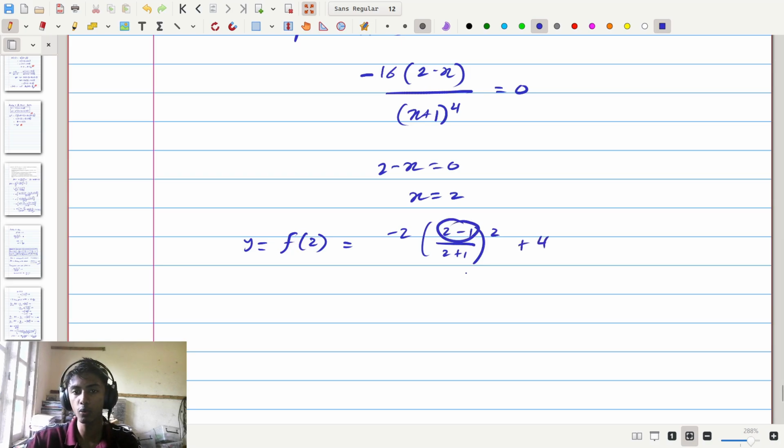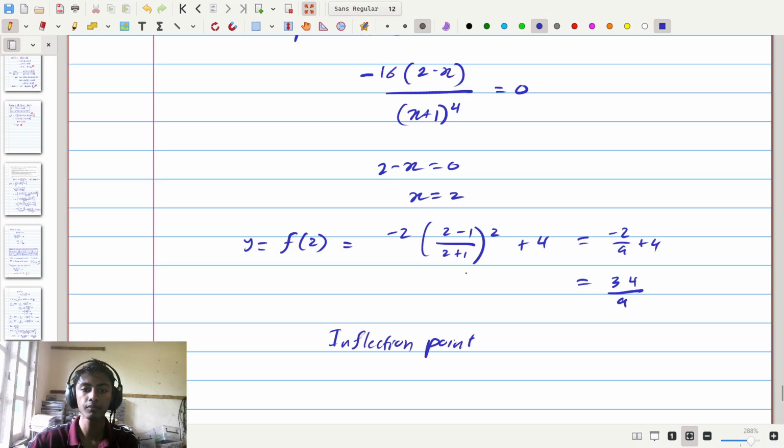So that's minus 2 times 1 divided by 3 squared, or 1 over 9, so minus 2 over 9 plus 4, which is 36 minus 2, 34 over 9. So therefore the inflection point is given by 2, 34 over 9.